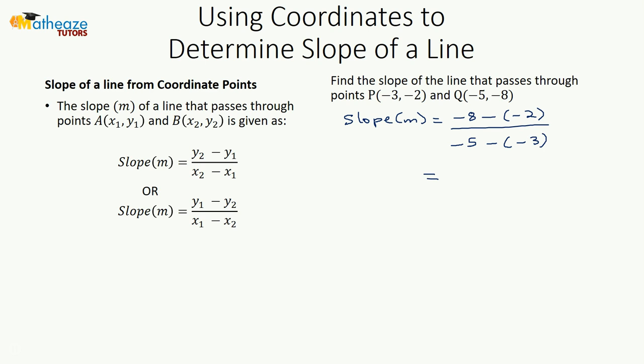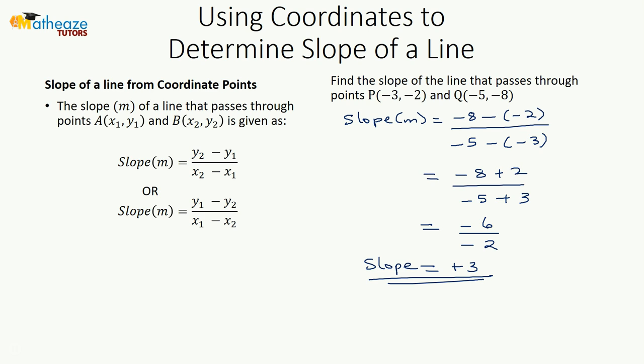So this is going to give us -8 plus 2 divided by -5 plus 3. We're going to have -6 divided by -2, which is going to give us positive 3. So the slope of this line is going to be positive 3. And in future lessons, we'll see how the slope determines the way the line looks.